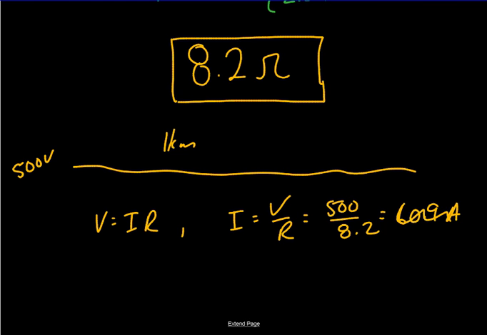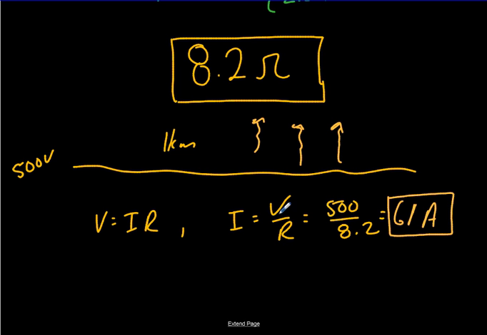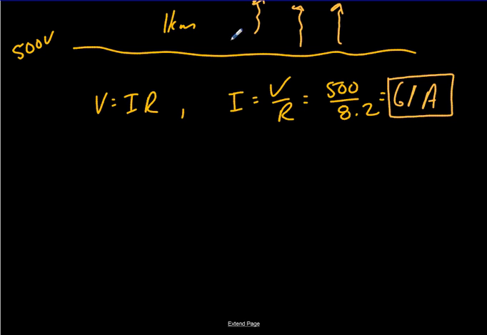Let's round it. Let's get 61 amps going through here, right? So how much power are you losing as your current travels through here? You're going to have some loss due to heat, right? So we know this, P equals IV. 61 amps times 500 volts.